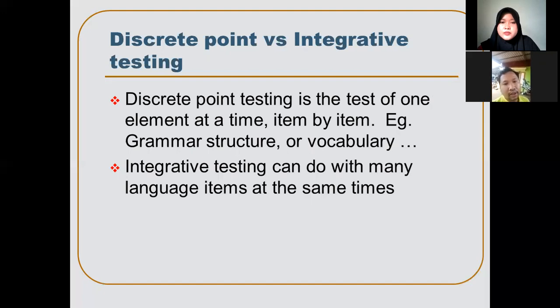In contrast, integrative testing means we test a lot of items at the same time. For example, we can design a test that includes grammar, reading, and other skills in one test, and then test at once.